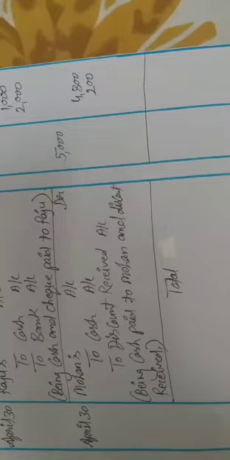So in all the transactions you have seen, students, more than one account is debited or credited. So here at the last you will do the total of debit and credit of all the pages, of the transactions we have done.